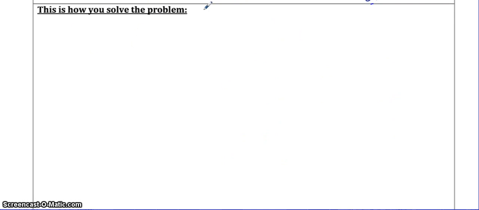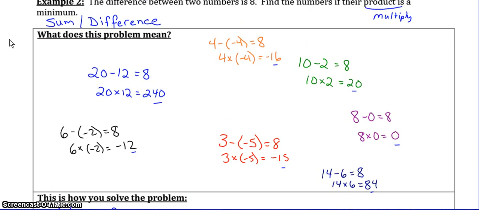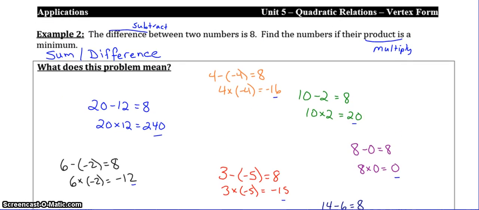So because we don't have to draw a diagram for this question, we need let statements. So we're going to say let x be the first number, and y is going to be the second number. So again, we use the first piece of information that we know. So we'll circle this.